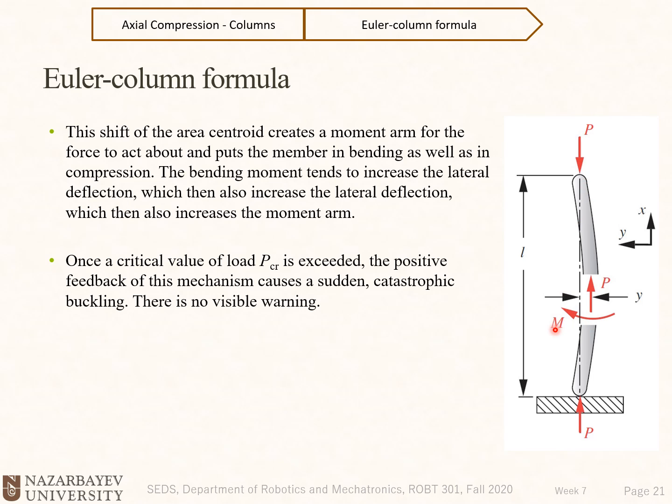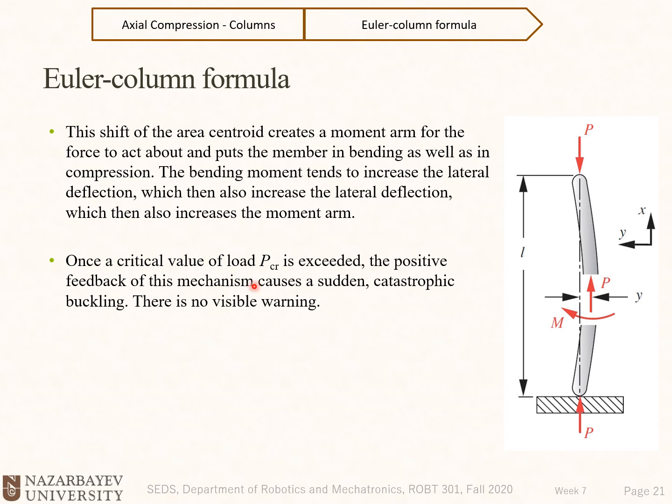The bending moment tends to increase the lateral deflection. So deflection will increase, which then also increases the moment arm. Okay, so now we have a positive feedback, and that positive feedback will cause the sudden buckling.